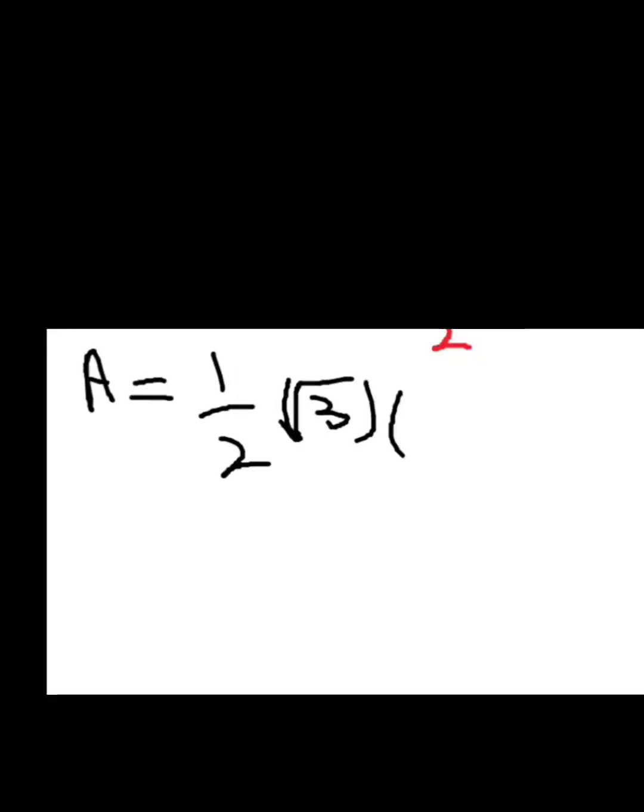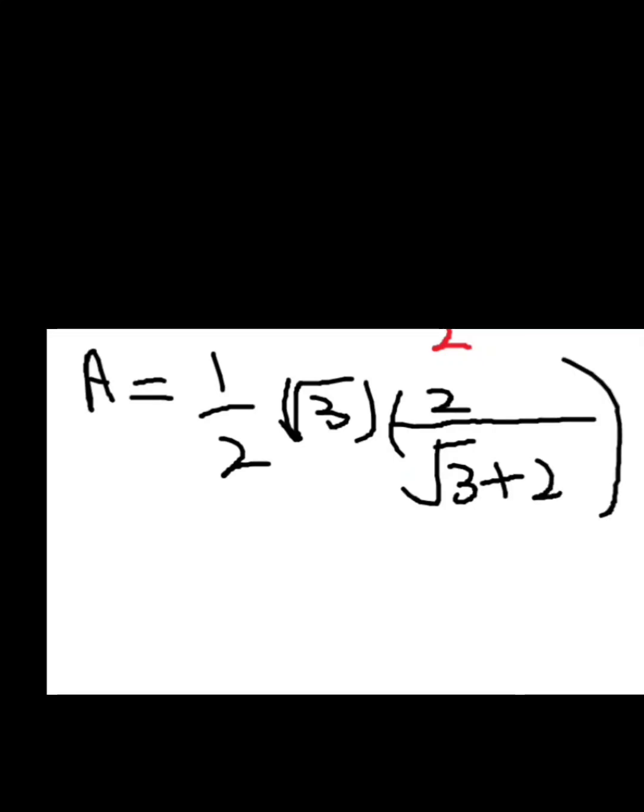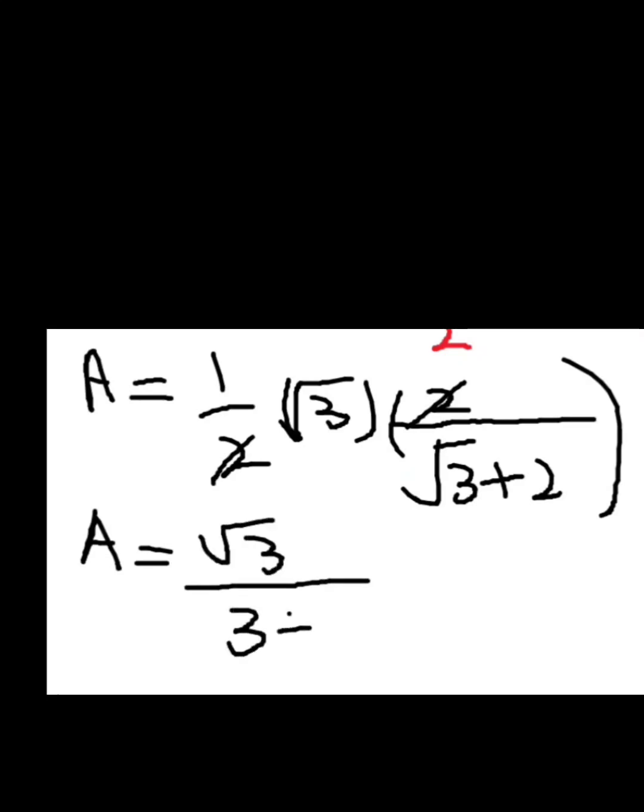Substituting the values of B and H, we get 1 over 2 times square root 3 times 2 over square root 3 plus 2. So here we can divide 2 by 2. Area is equal to square root 3 over square root 3 plus 2.